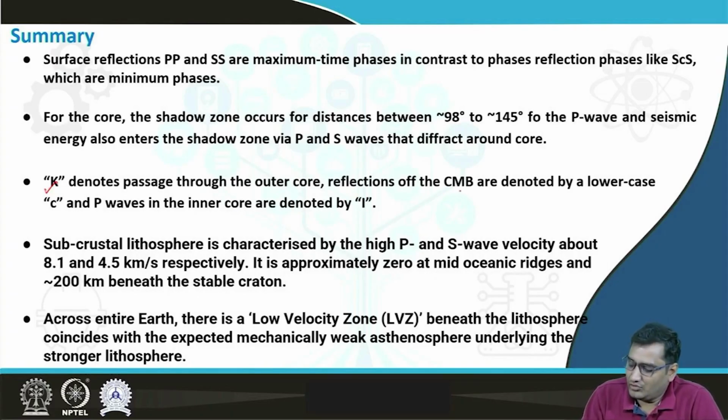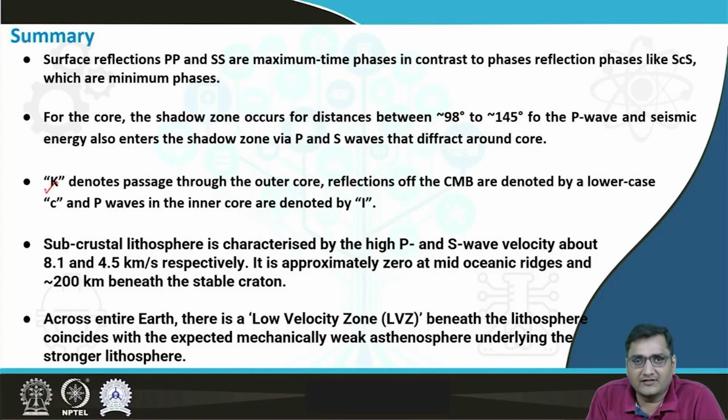Reflections off the core mantle boundary are denoted by a lowercase c, and P waves in the inner core are denoted by capital I. Similarly, for S waves, it is denoted by capital J. As I also told you, the J phases are very rare to observe because these are very weak phases and also come very late on a seismogram.